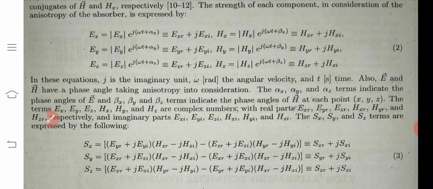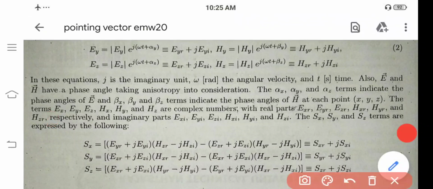The Sx, Sy and Sz terms can be written in this form. Sx equals Sxr plus j Sxi, where Sxr is the real part and j Sxi is the imaginary part. Same for Sy and Sz.